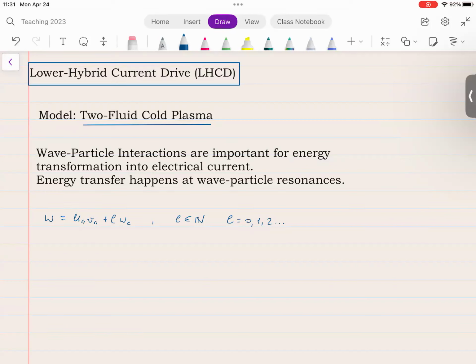The l equal 1 and l equal 2 resonances are important for electron cyclotron heating and ion cyclotron heating. There are differences, but we're not going to get into any of that, since it's not relevant to us.